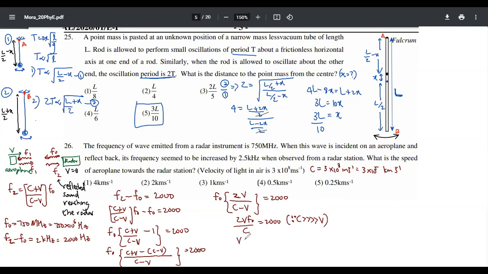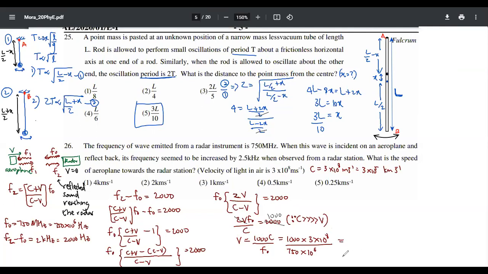Therefore, V finally will be equal to, simplifying the 2 and the 2000, we get 1000. V, the final answer we need to figure out, is equal to 1000 C over F naught. 1000 into C, which is 3 into 10 to the power 8, over F naught, what is F naught? 750 megahertz, 750 into 10 to the power 6.